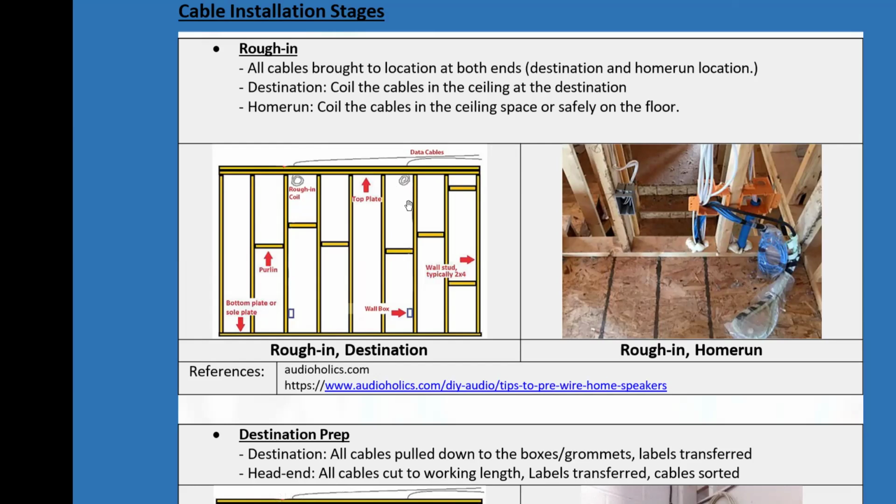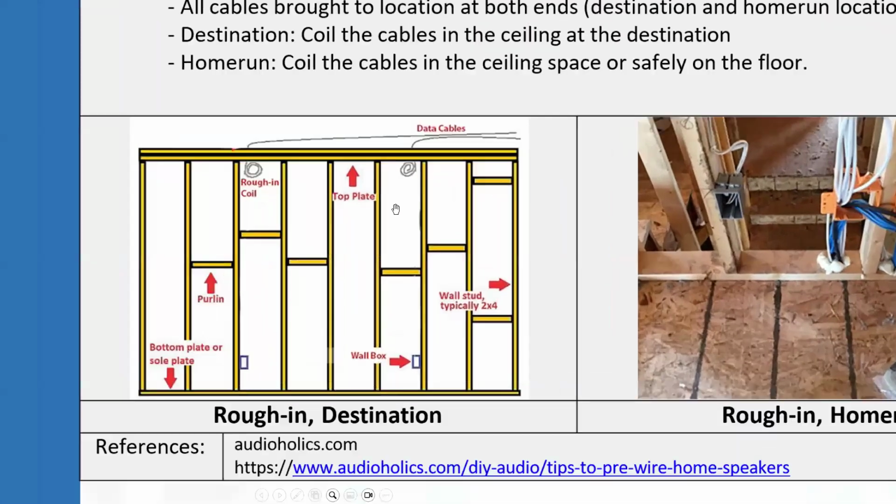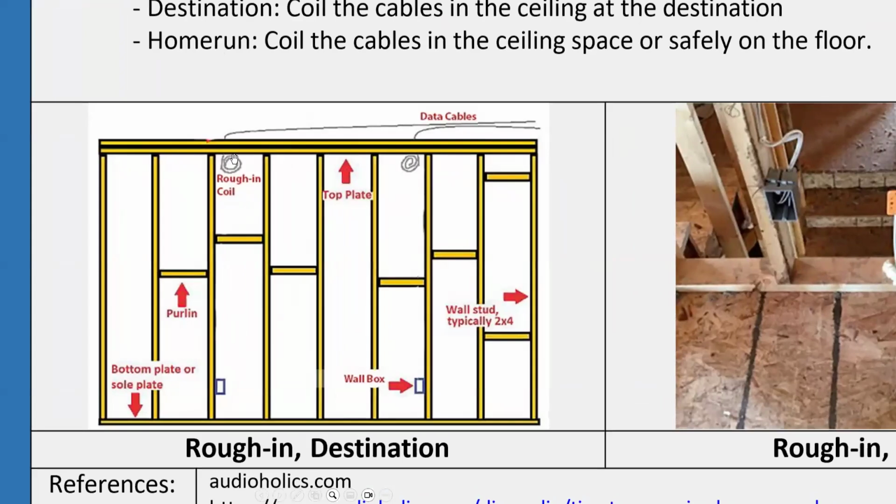So, for example, if there is a wall here, we just bring the wires roughly where they're supposed to be. During the rough-in, you can prepare the pathway. These are the vertical studs, and here are the horizontal studs, or nogging, but quite often they're called horizontals.